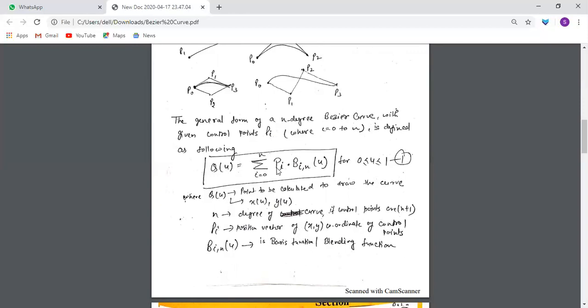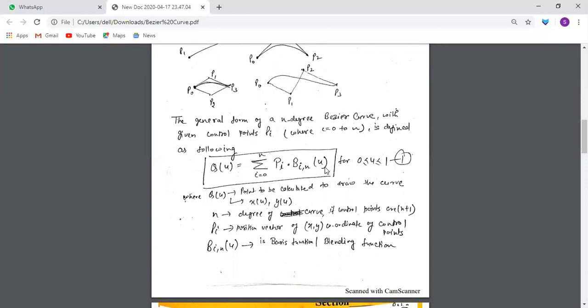So if you want to calculate the X coordinate, in place of Pi you will write Xi, and if you want the Y coordinate, in place of Pi you will write Yi, multiplied by Bin of u. Basically, u here is called the parameter. So far we were representing it using t.